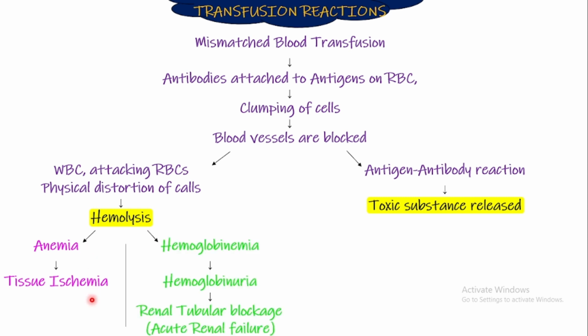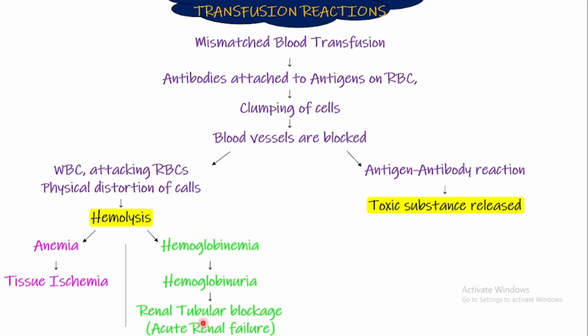And the second one is that whenever there is hemolysis of the red blood cells, hemoglobin appears in the blood, which is known as hemoglobinemia. When the hemoglobin appears in the blood, it will travel to the kidneys and be filtered out, and the hemoglobin will start to appear in the urine.